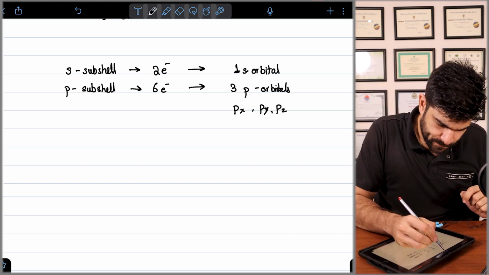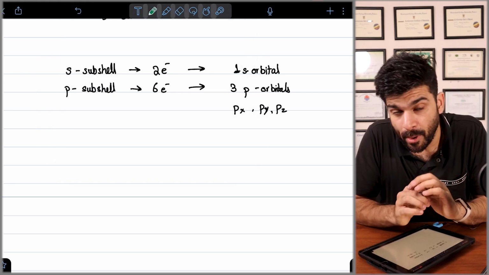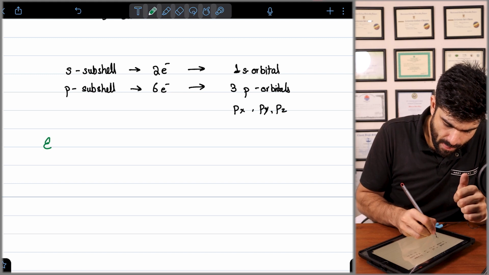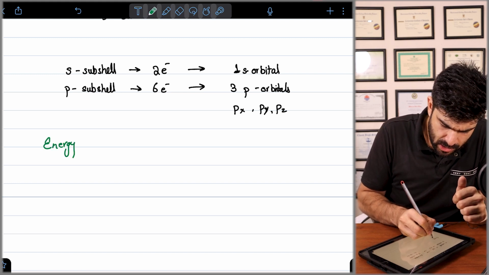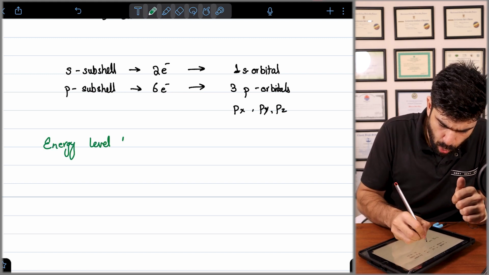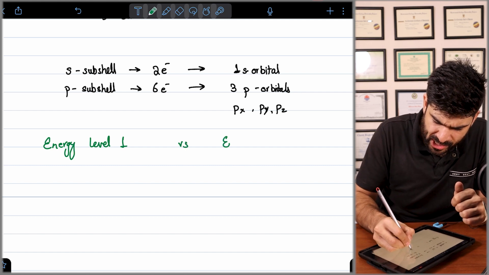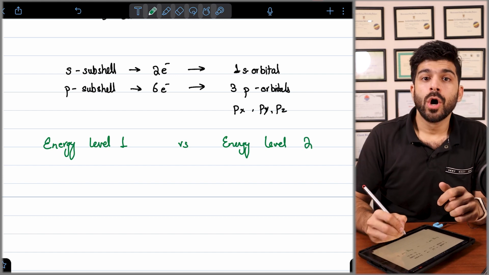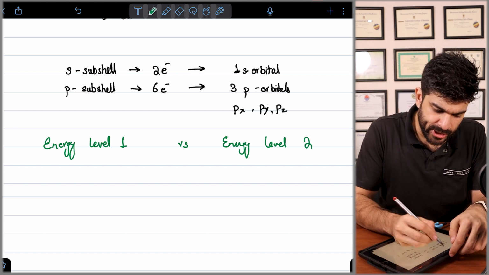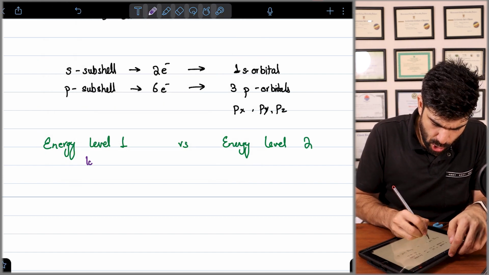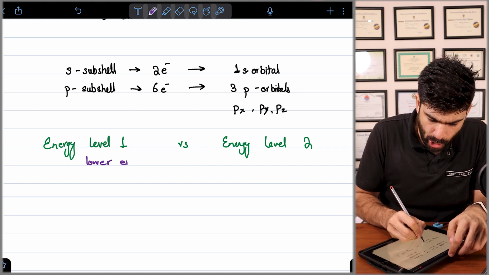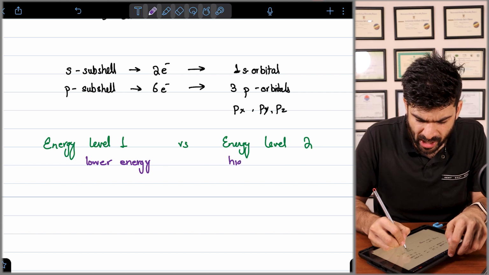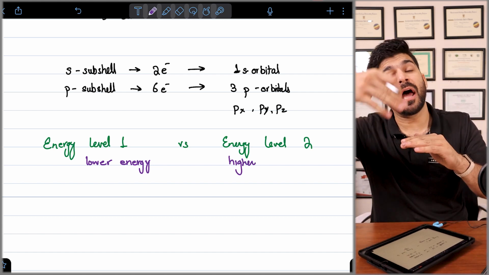But before that, talking about the energy levels or the energy shells, if we compare energy level 1 versus energy level 2, we know for sure energy level 1 will have lower energy than energy level 2. This will have a higher energy, and the 3 will have more energy.